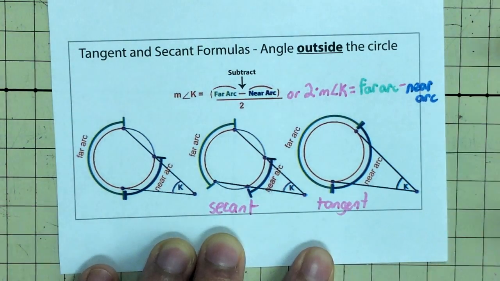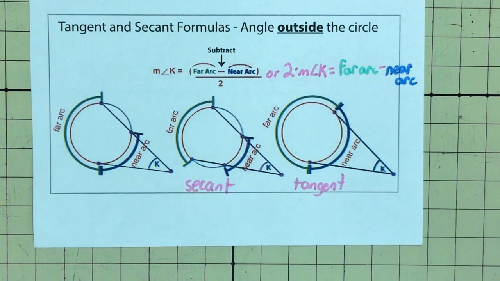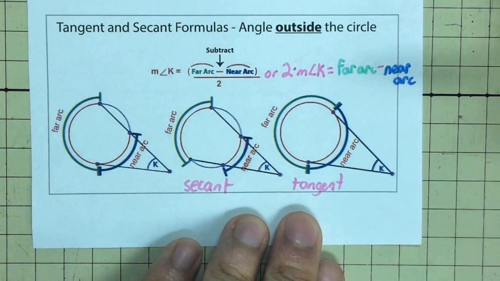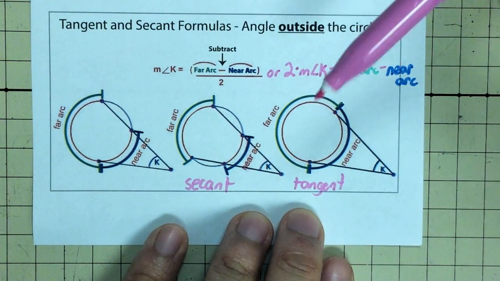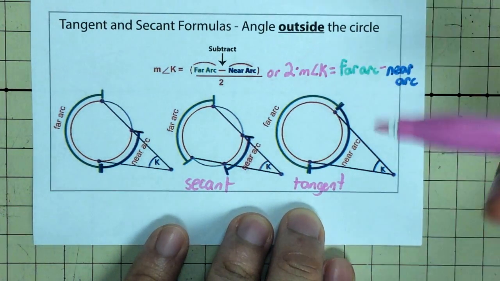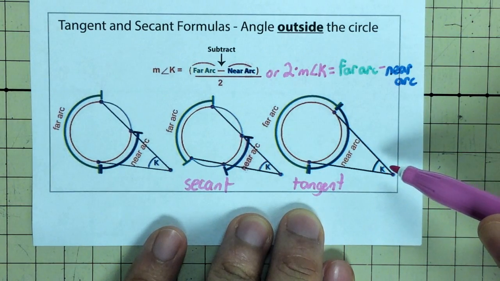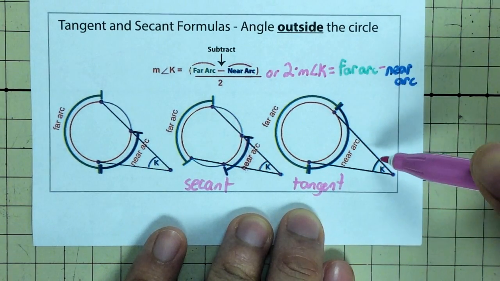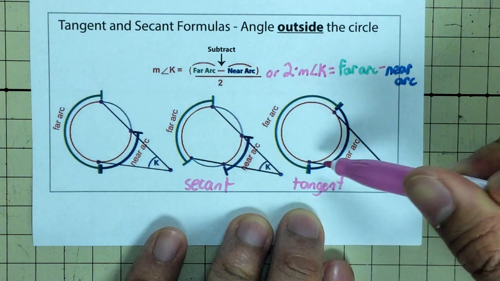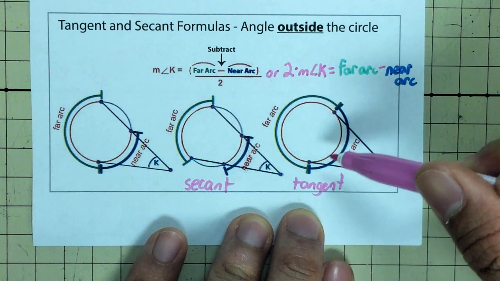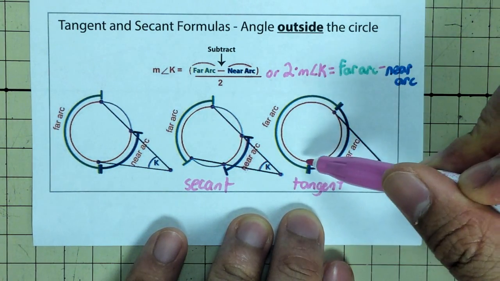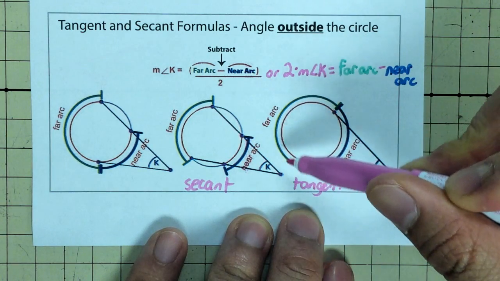So we'll focus on the tangent part. We have this formula. Given this setup, measure angle K equals far arc. When we say far arc, here's my angle. My angle has two intercepted arcs. One right here, which is near, and one all the way over there, the far arc.